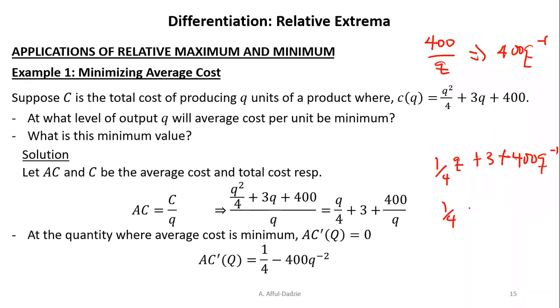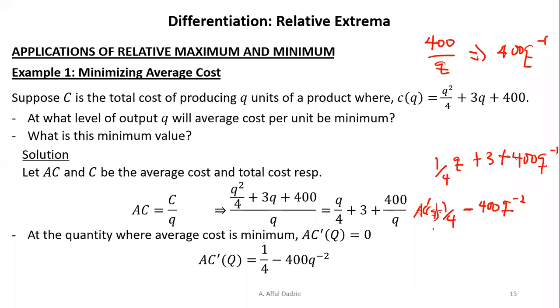So here we will now have minus 400, and we will knock down the power by 1. So this is going to be minus 2. So you have a derivative, AC prime of Q is 1 over 4 minus 400Q to the minus 2.